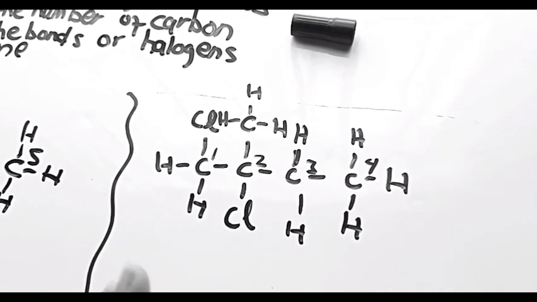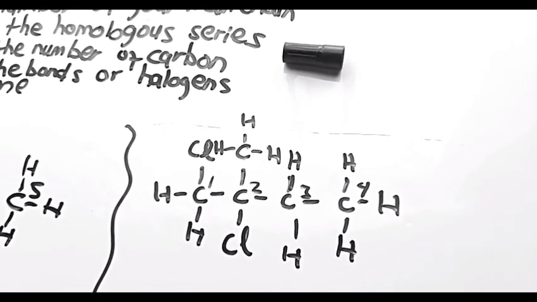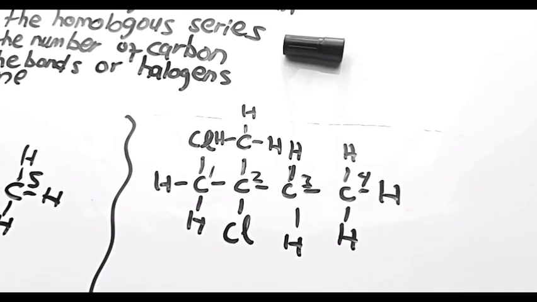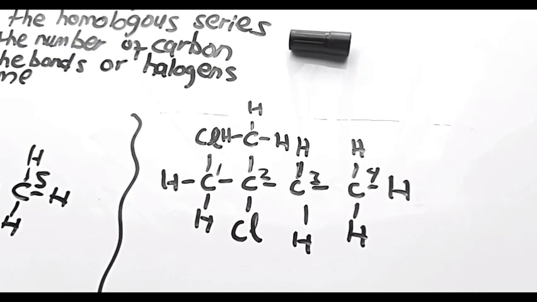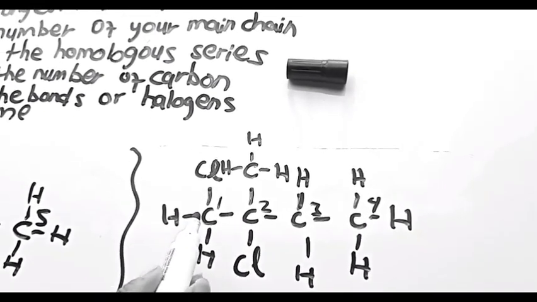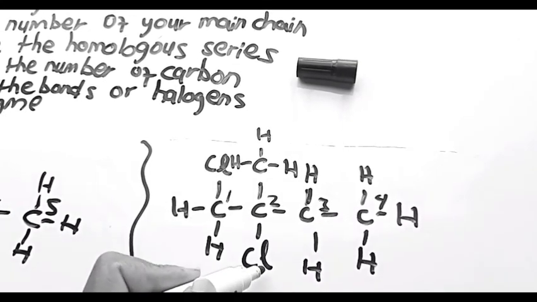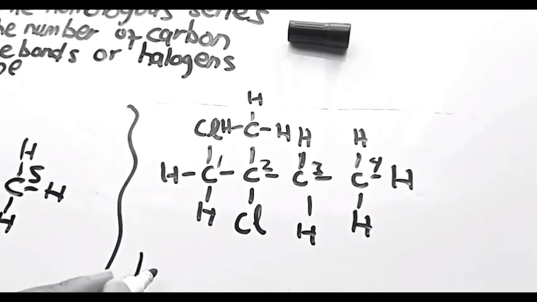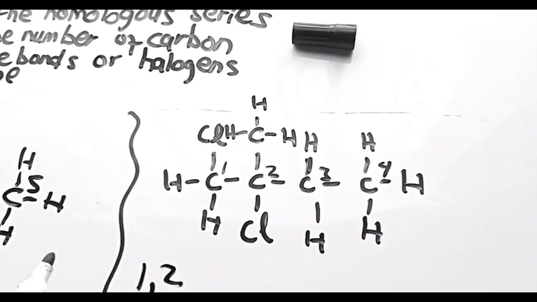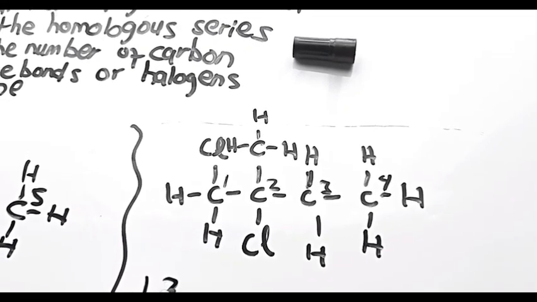halogens, right? So in structural formulas where you have branches and halogens, you have to write out the halogens first. So the halogens are bonded on the first and the second carbon. It's 1 and then comma 2, right? It tells us that it's number 1 and number 2.